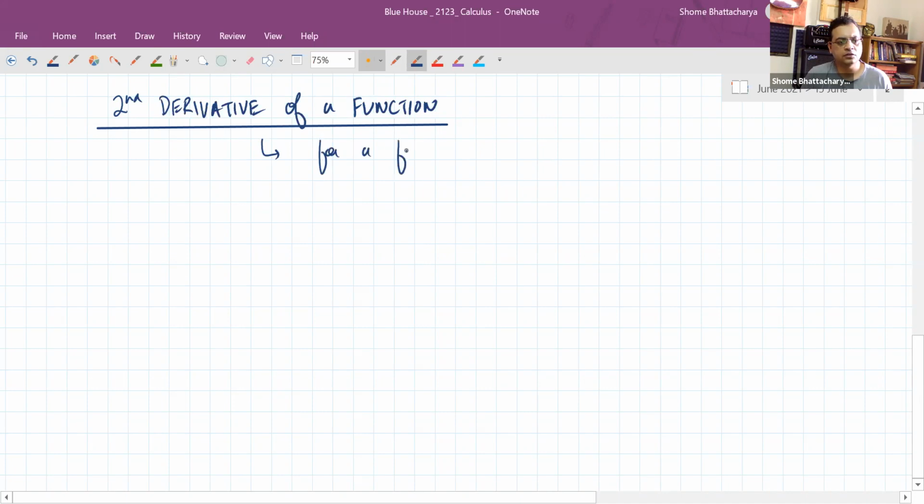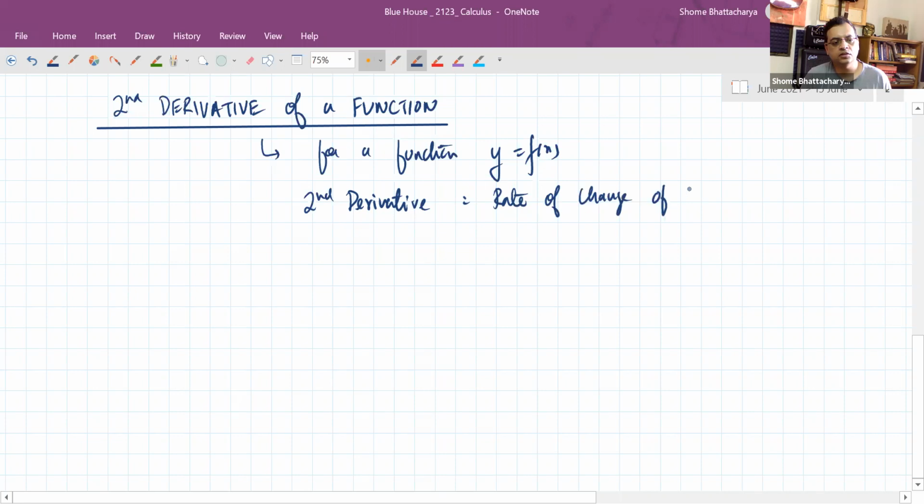So for a function y is equal to f(x), what we mean by the second derivative, literally in terms of definition, is that it is the rate of change of the derivative. And since the derivative itself is the rate of change, it basically means rate of change of rate of change.